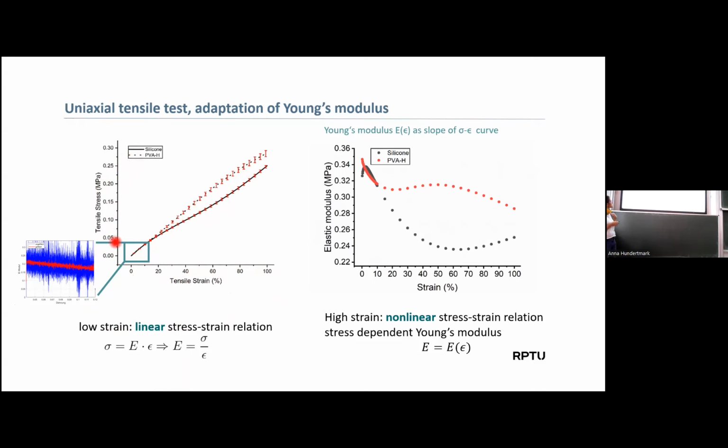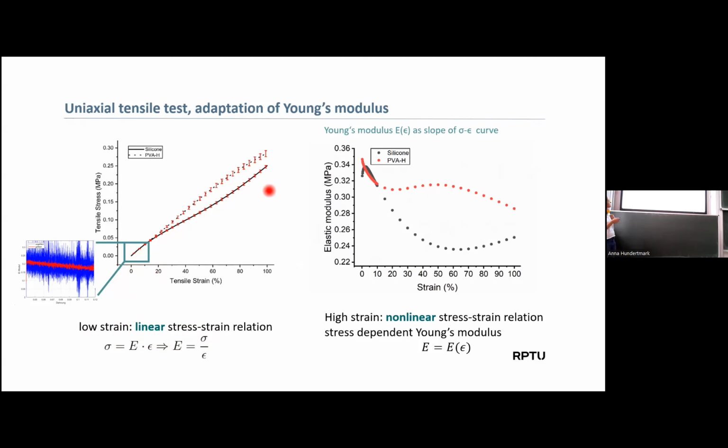You see that this is almost linear, especially at the beginning for very small strain. This could be assumed to imply a linear stress-strain relation. Stress sigma is linearly related to strain epsilon with some constant, which is called the Young's modulus. Okay, and this Young's modulus is nothing else than the slope of this curve.